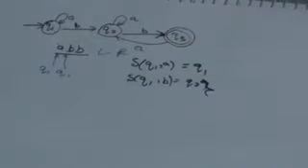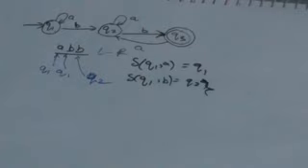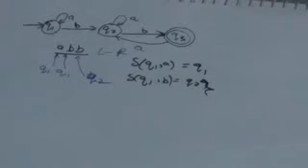Now the machine is in state Q2, and it has to read this input symbol B. When it is in state Q2 and reads input symbol B, it transits to state Q3, which is the final state.